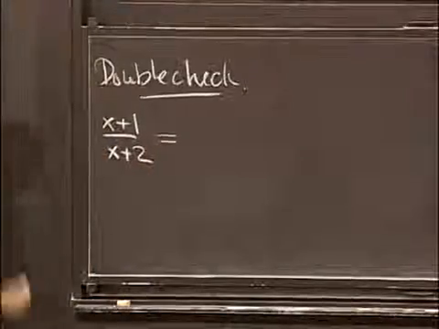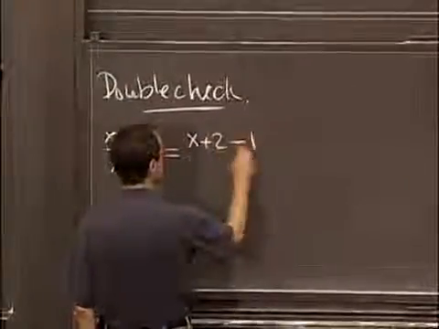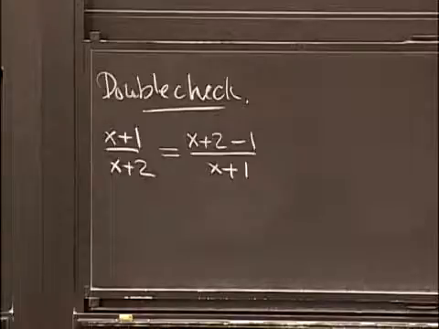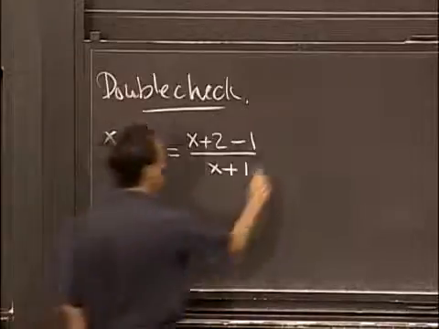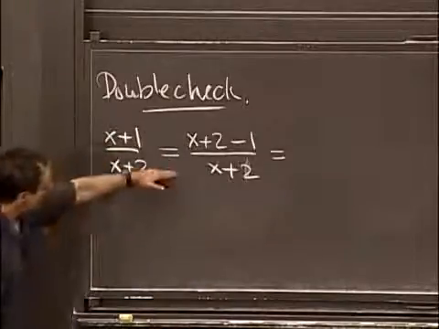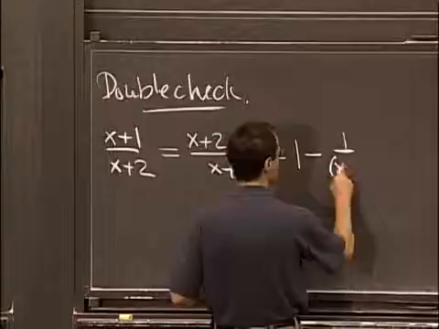Obviously, you can do this by the quotient rule, but I just point out that this is the same thing as this. And now, whoops, that should be a 2 in the denominator. And so now this has the form 1 minus 1 over x plus 2.